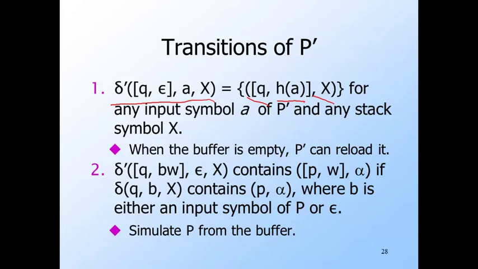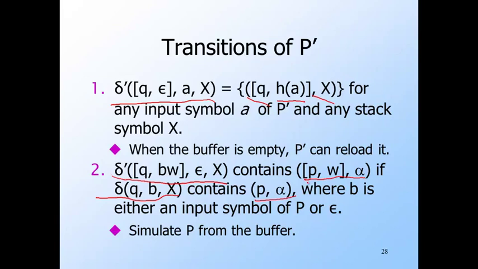Formally, suppose that delta of q, b, and x contains p alpha. Here b may be epsilon, or it may be an input symbol of P. And then for any buffer string of the form bw, that is a suffix of h of a for some a, delta prime of q, the buffer bw with no input, this epsilon input, and x on the top of the stack will contain pw alpha.